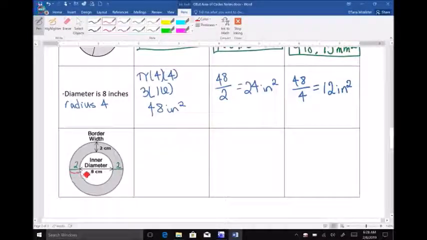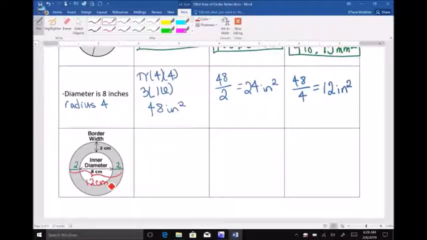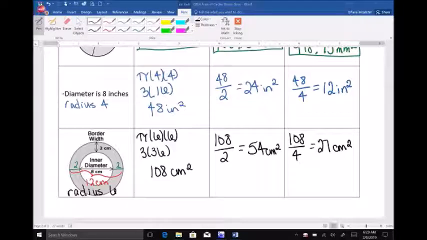So now if you notice, we have an entire diameter that is not 8 centimeters, but it is 12 centimeters. We will be using this number to determine the area of the larger circle. Very good work.